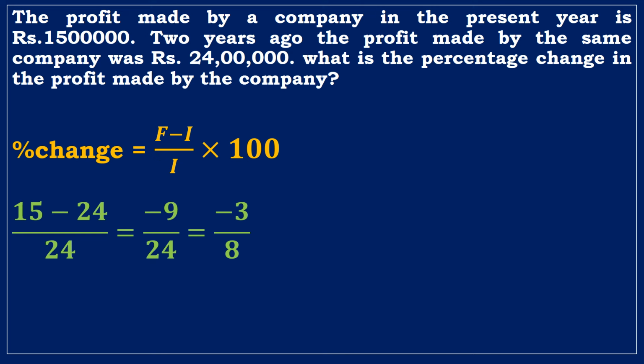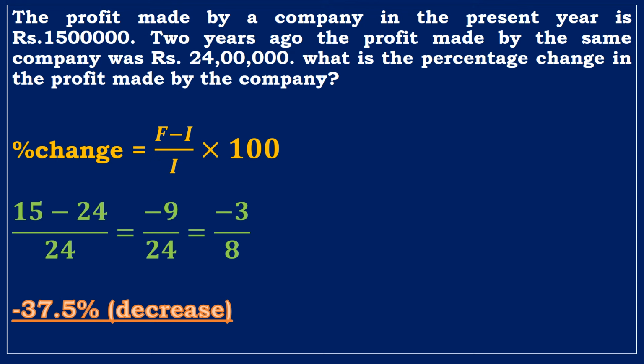This ratio is 15 minus 24 divided by 24, which is minus 9 divided by 24, or minus 3 by 8. Converting this fraction to a percentage yields minus 37.5%. A decrease is indicated by a minus sign.